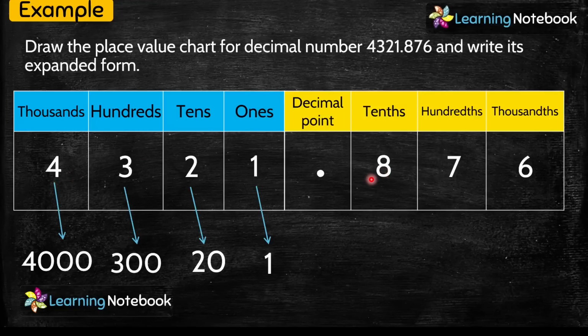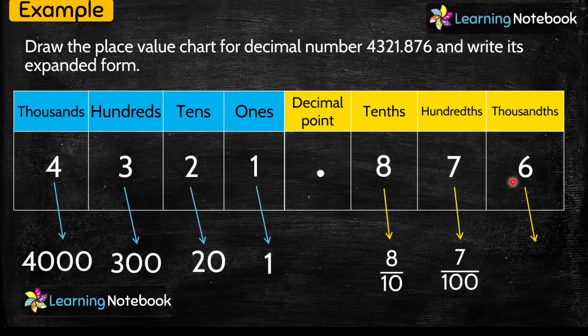Now let's write the place value of the decimal part. Place value of 8 is 8 by 10. Place value of 7 is 7 by 100. And place value of 6 is 6 by 1000.